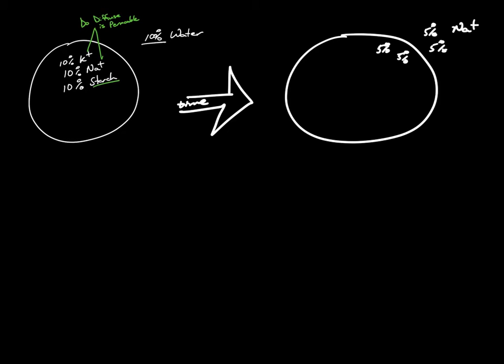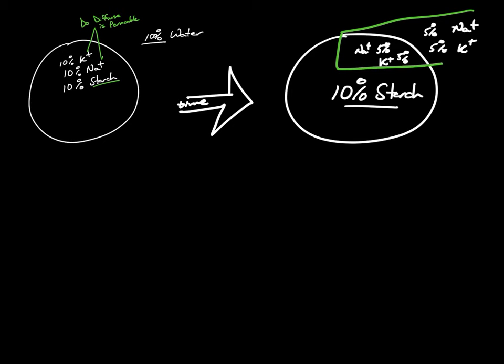That's sodium and potassium. All right, so assuming they balance each other out, you still have 10% starch in here. Again, for argument's sake, let's say this is what happens. So the ions or the solutes that can pass through the membrane don't impact osmosis, right? If all 3 of these solutes could pass through the membrane, there would be no osmosis going on.